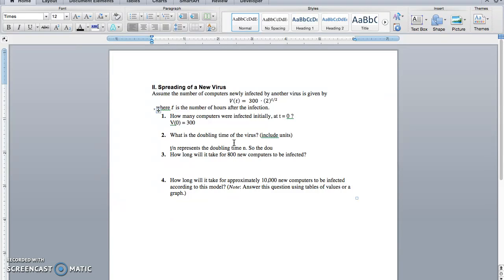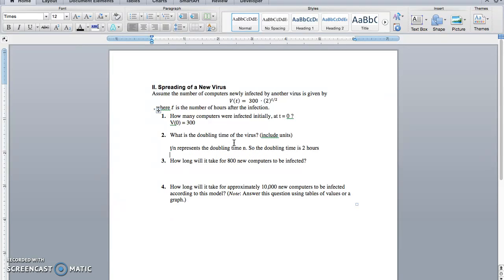So the doubling time is 2. And if we're looking at the units there, that has to be 2 hours. So all of this is coming straight out of the formula.